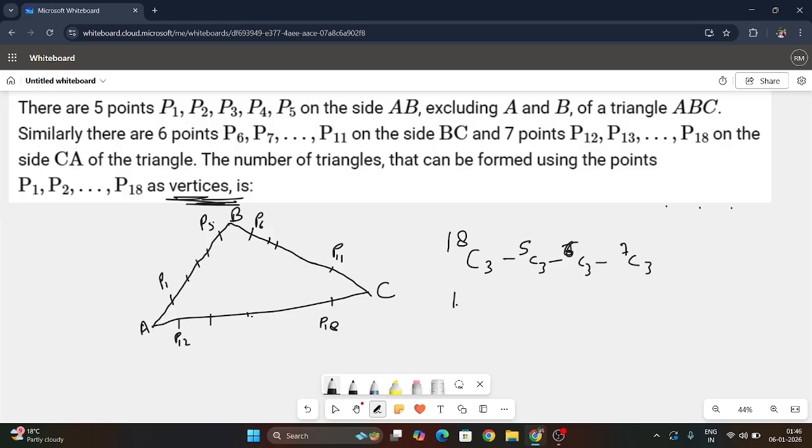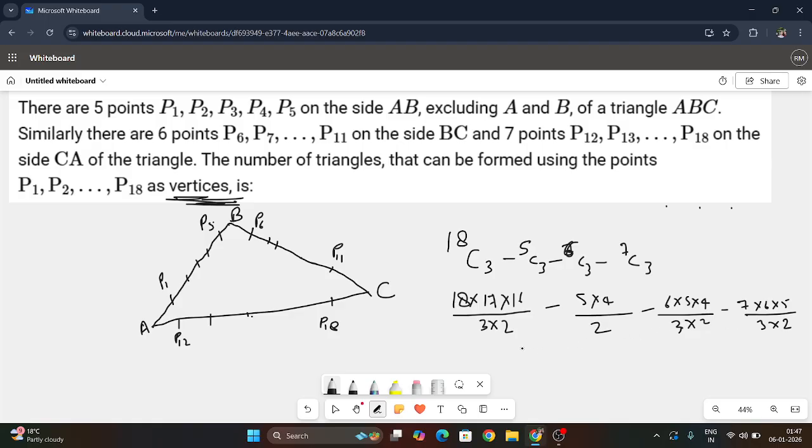18C3 is going to be what? It is going to be 18 multiplied by 17 and 16, divided by 3 multiplied by 2, minus 5 4 3 divided by 3 multiplied by 2, minus 6 5 4 divided by 3 multiplied by 2, minus 7 6 5 divided by 3 multiplied by 2. Okay, so this is what we have.